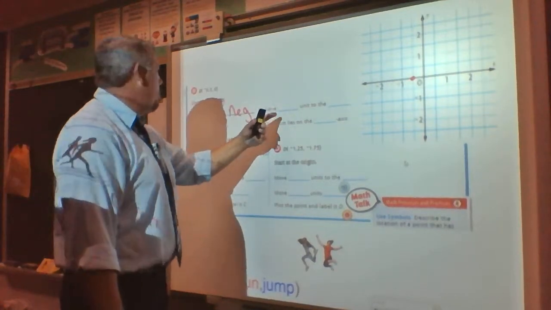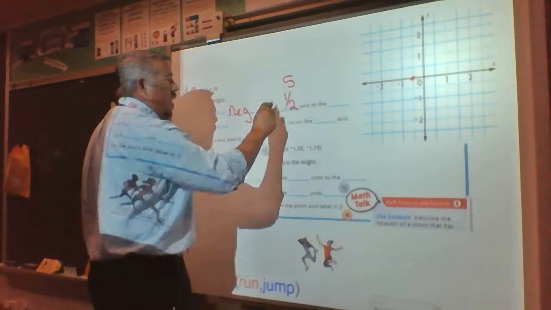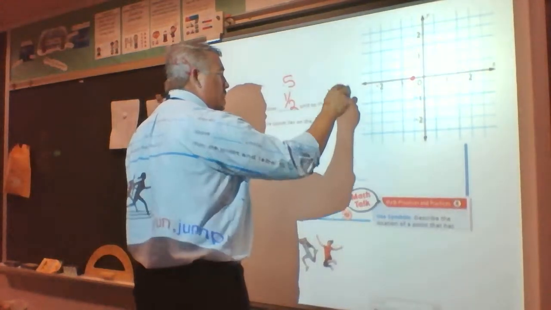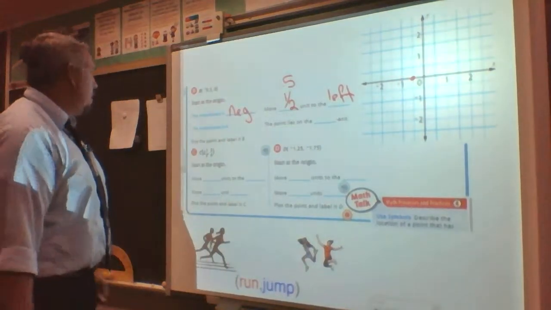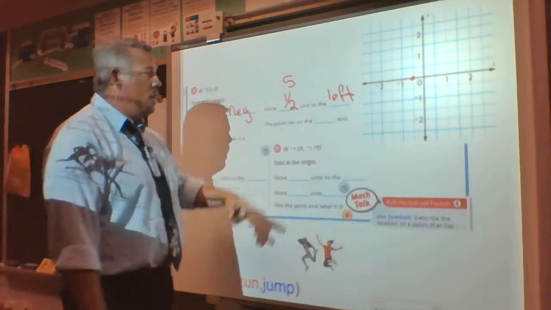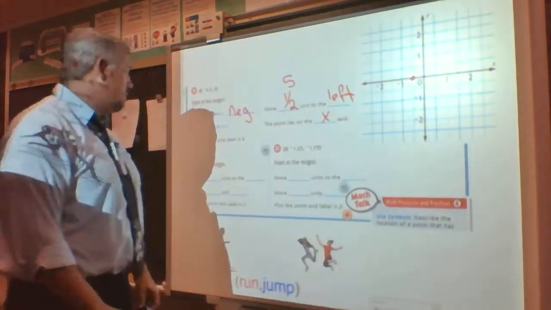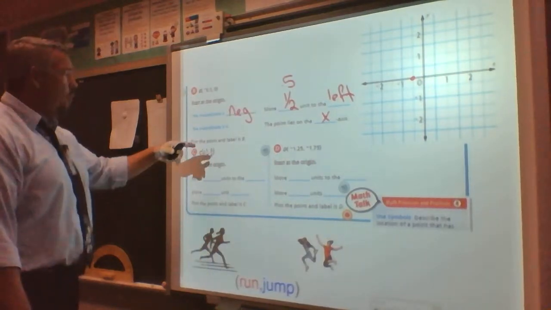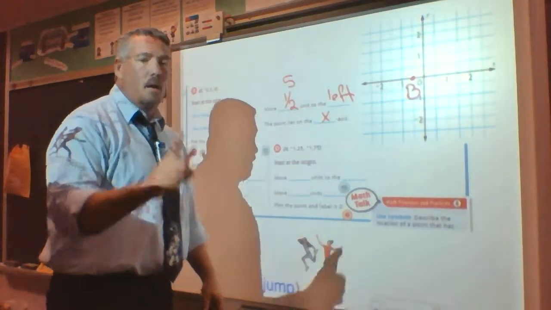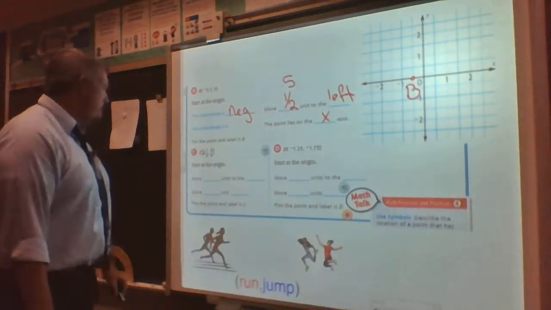So I'm going to move half, or I could say 0.5 of a unit to the left. The y-coordinate is 0, and that point lies on the x-axis because it doesn't go up or down. So plot that point and label it B. Plotted correctly and the correct label gives me my 2 points for that problem.